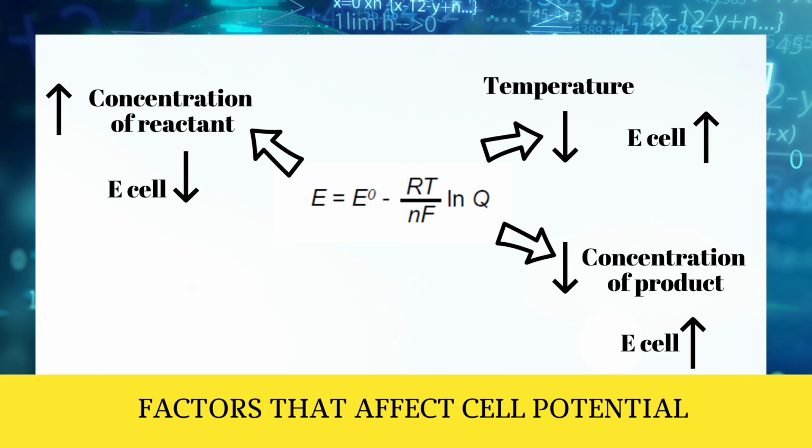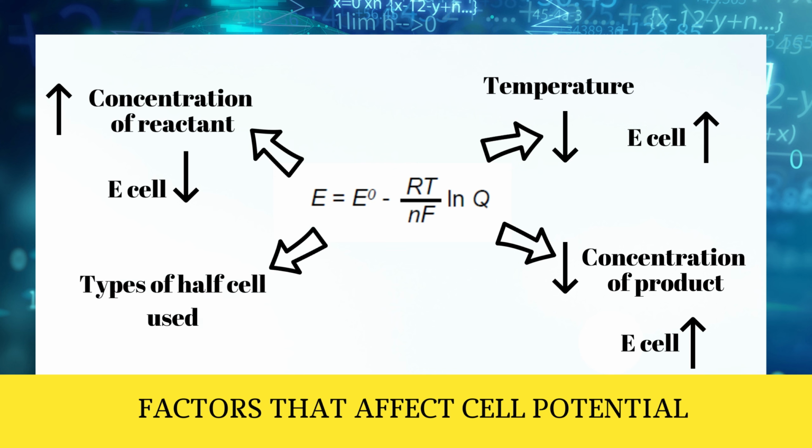When the concentration decreases, the term RT over nF ln Q becomes larger, so the magnitude of the cell potential decreases. I repeat, when the concentration of reactants decreases, the term RT over nF ln Q becomes larger, so the magnitude of the cell potential decreases.